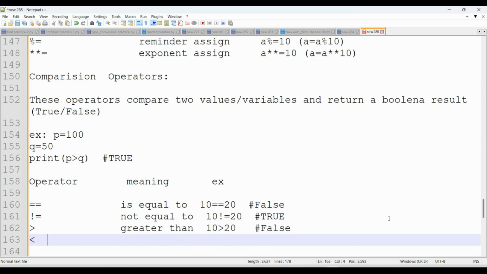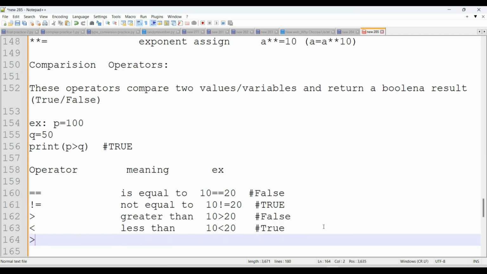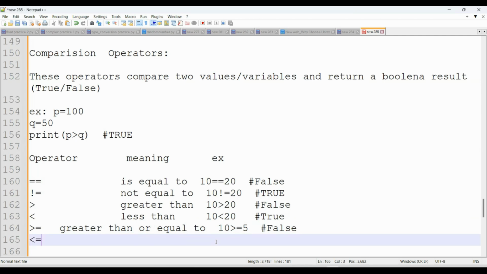Less than, for example 10 < 20, is true. Then greater than or equal to, for example 10 >= 5, is true. Less than or equal to is false here, because 10 is greater than 5 but not equal. In the last one, 10 <= 5 is false.